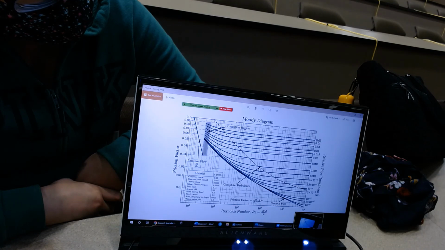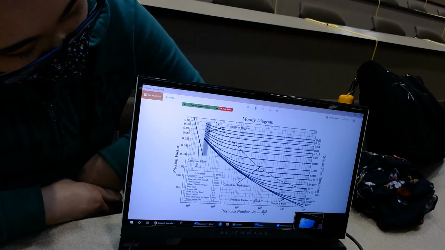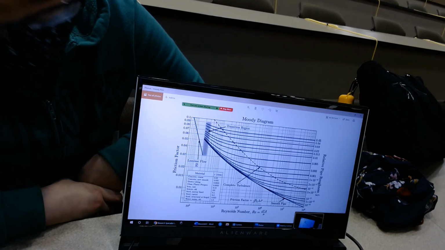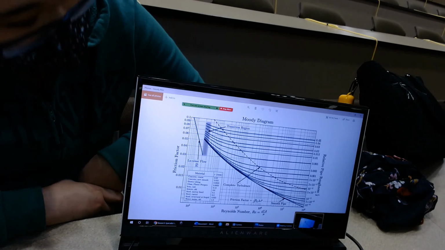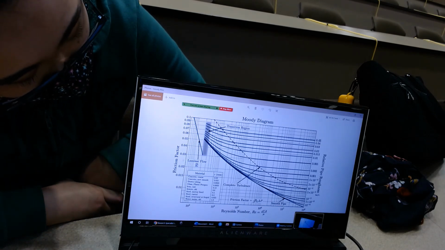So it's right in this neighborhood. Then from here you read across to the left, horizontally, to somewhere between 0.02 and 0.03. So that's why we came up with 0.025.